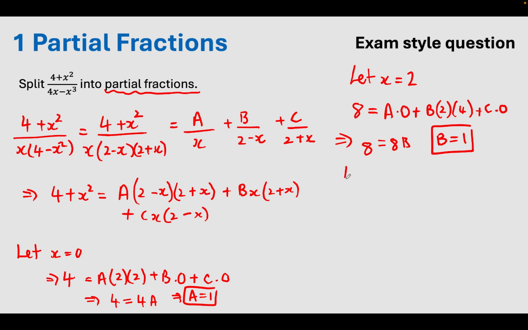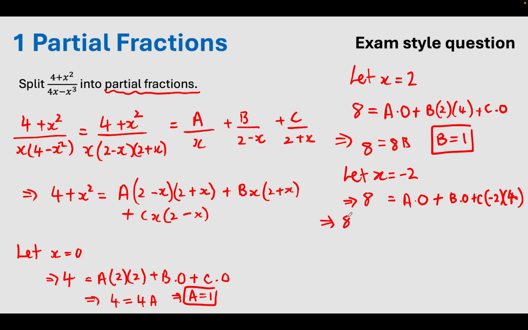Okay, last one, let x equal -2. So on the left hand side I'm going to get 4 plus x squared, so I'm going to get 8 again, equals, and I get a, this time the second bracket will cancel, so I get a times 0 plus b times 0 plus c times -2 times plus 4.